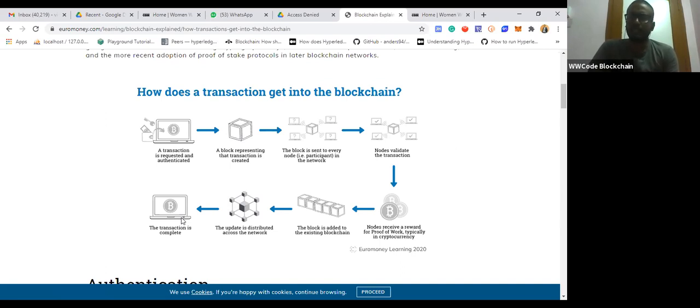The disadvantage is that we need much bigger systems, and the electricity consumption is higher. There are a lot of disadvantages, so people moved to proof of stake. In proof of stake, people who hold cryptocurrency give their assets as a stake to the organization as an agreement.